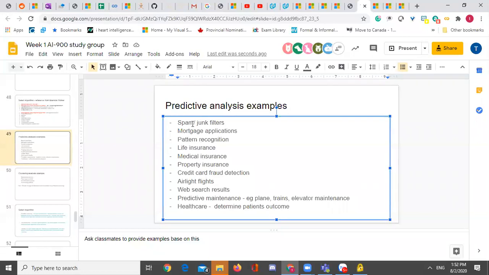Predictive analysis: you have life insurance, pattern recognition, property insurance, credit card fraud, airline flights, predictive maintenance, healthcare. Let's think together: what are some examples of predictive analysis you have encountered? Oh, stock exchange.